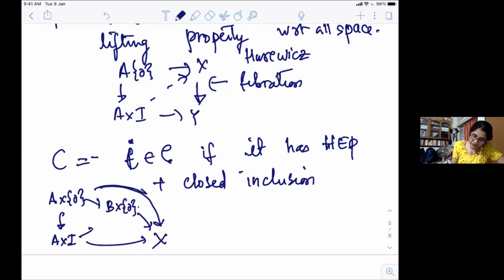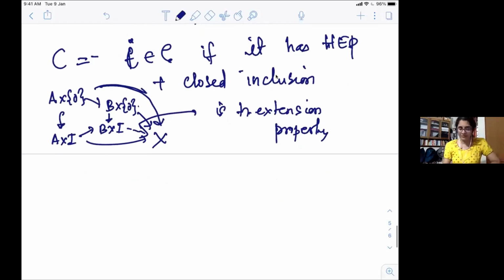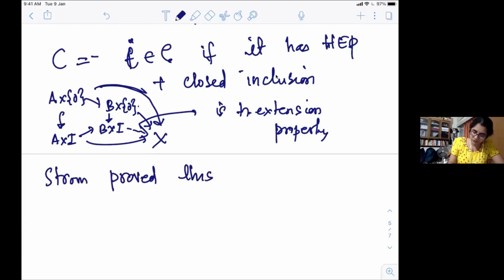Then the claim is that even this will extend. So having this dotted arrow is the homotopy extension property. I can extend homotopies on A to homotopies on B, as long as the initial map was the same. Okay, so Strøm proved that this defines a model category. You have to prove all these five axioms.